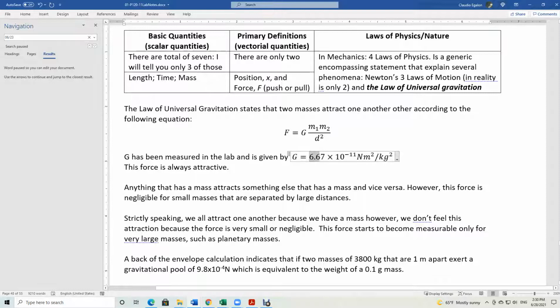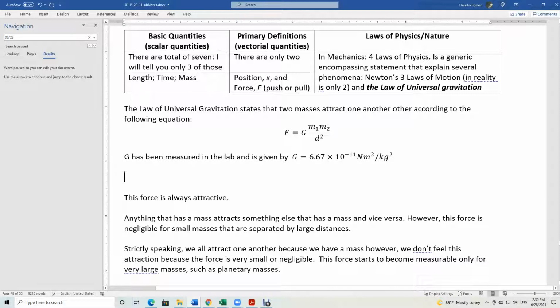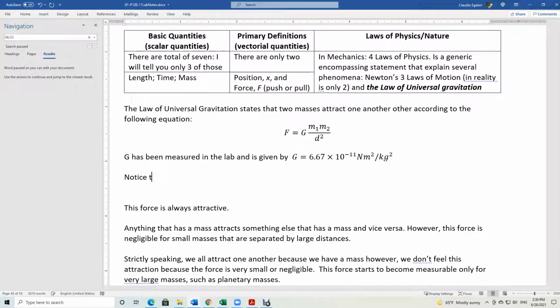You do not have to memorize this value, but just remember that this is a very small number. Because it's a very small number, you need very large masses to produce a measurable force. Okay? Note that G is a very small number.